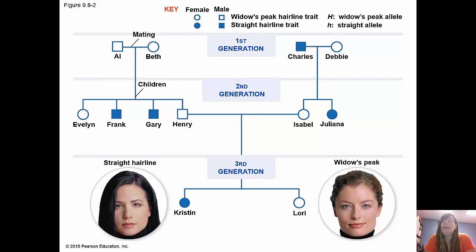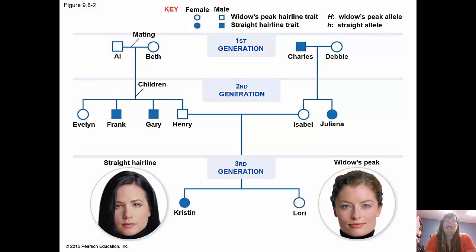So she's little h. That means that she got one little h from her dad, Charles, which we knew. But she also got a little h from Debbie, her mom. So that means that Debbie has to be a heterozygote. She has to be big H, little h in order for Juliana to have that recessive allele.